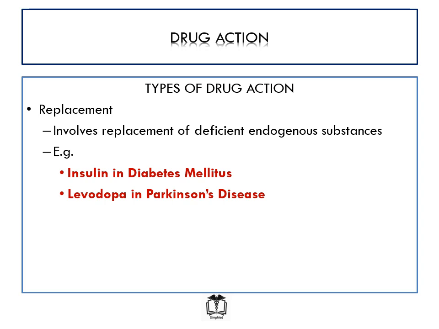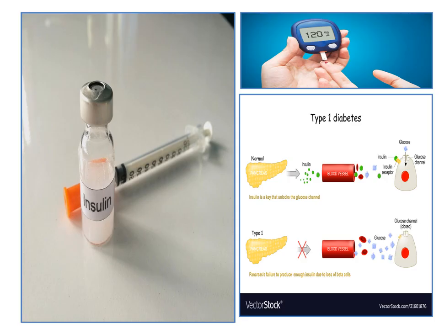In diabetes, we have a deficiency of insulin. In Parkinson's disease, we have a deficiency of dopamine. And these two drugs, insulin and levodopa, are just replacement drugs to replace the already deficient endogenous substances found in the diseases. This is a picture of insulin, and as you can see, the presence of naturally produced insulin in the body would help in reducing glucose level, as is shown in this part of the slide.